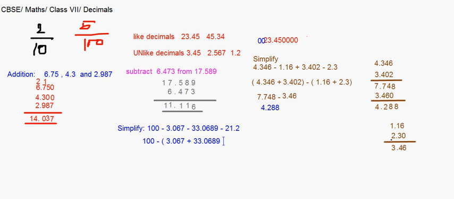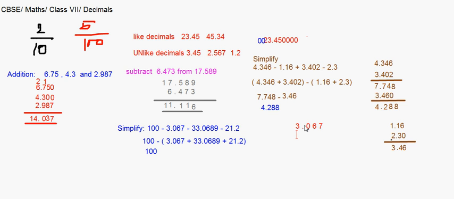So collect them, make them, add them: 3.067, 33.0689. Also, you have 21.2. I will be needing some space to add this, and I'm doing it here. The rough work will be here: 3.067.